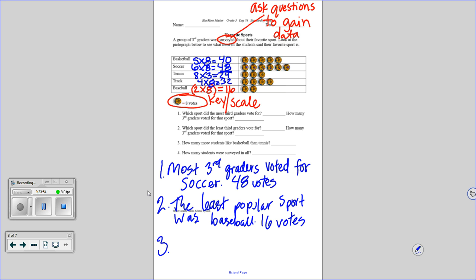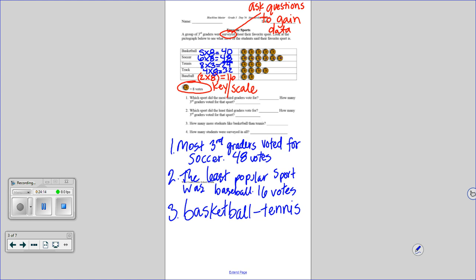Or you can get 39 minus 23. Ooh, I like that. Jackson says we're going to subtract basketball minus, what are we doing? Tennis? Which is going to be 40 subtract 24.